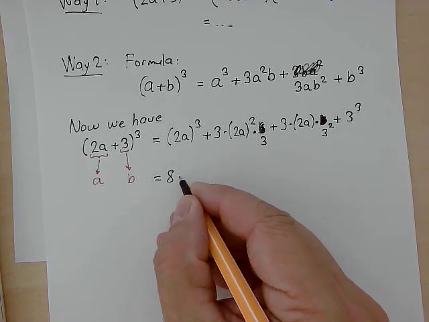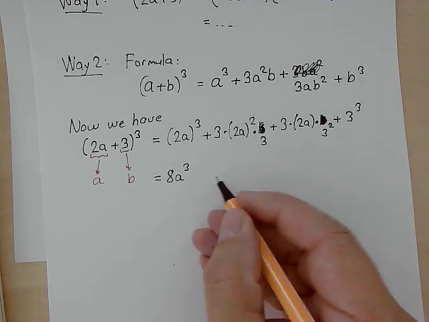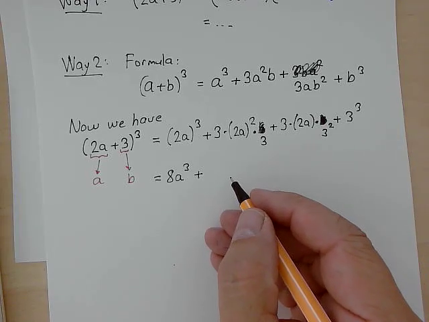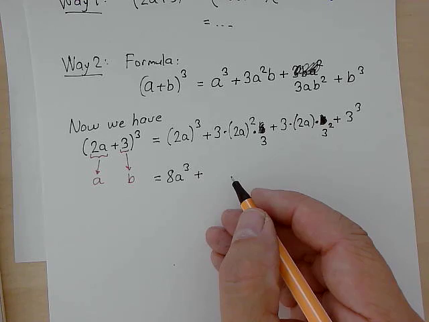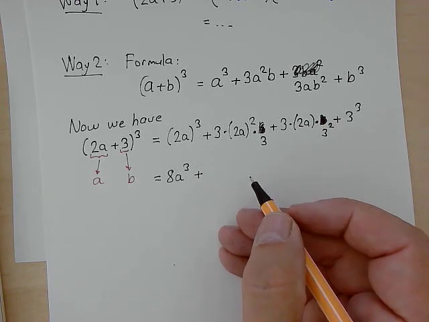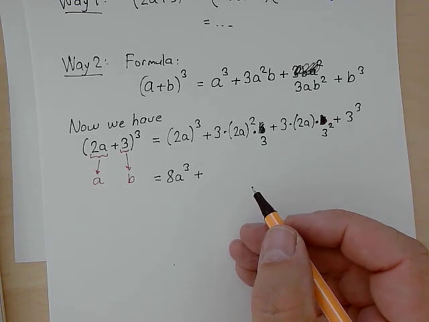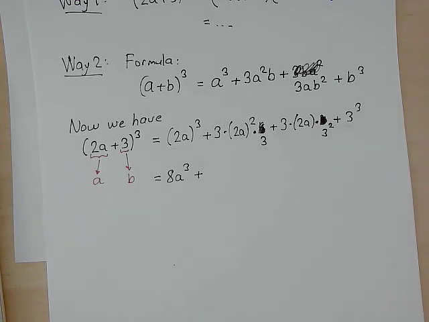8a cubed plus 18a squared, 18a squared, is it? 3 times 2 is 6, 3 times 6, so 4 times 9 is 36.